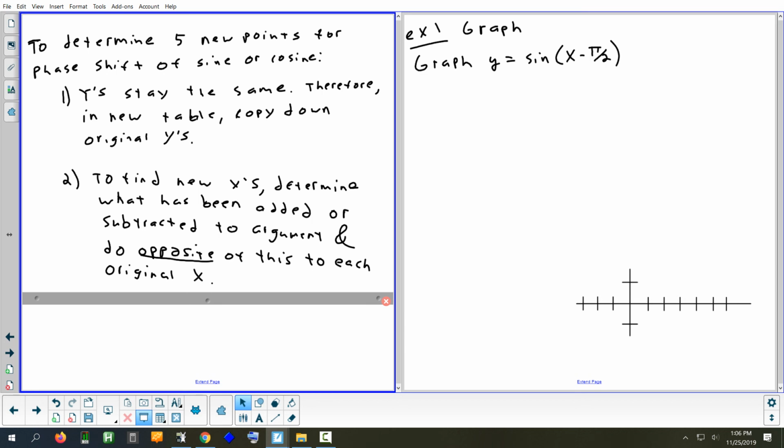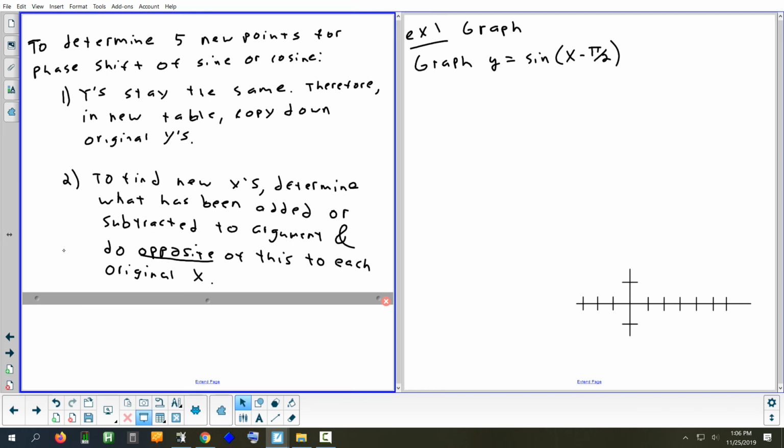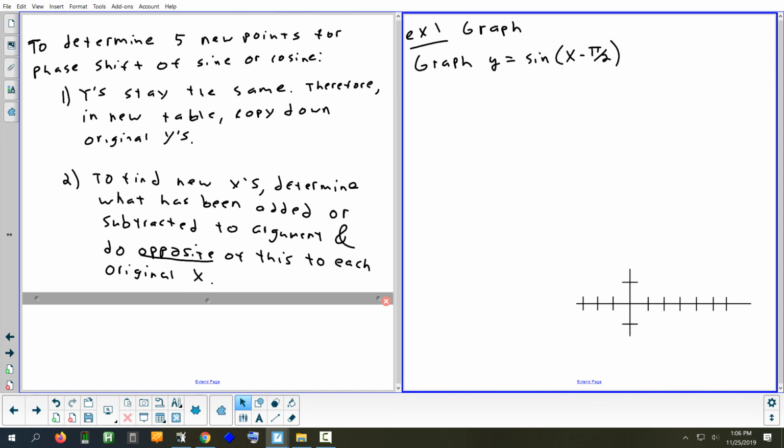So, we have x minus pi over 2, and we're going to do the opposite of that. We're going to add pi over 2 to all the x values. Adding pi over 2 is going to increase them, which is going to move them all to the right. And that's what we want to happen.